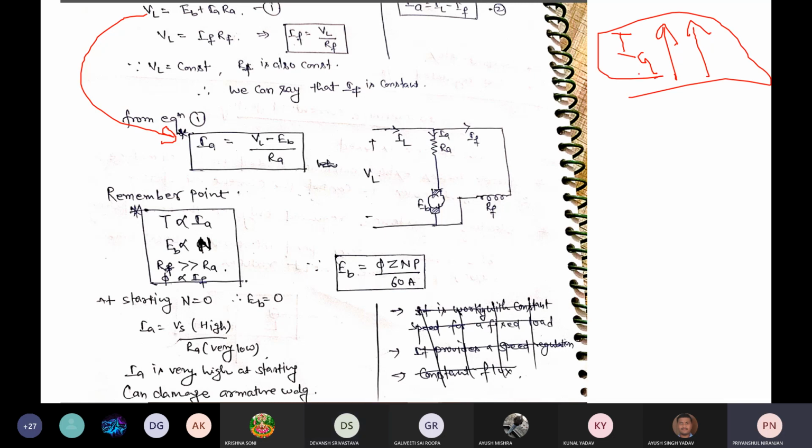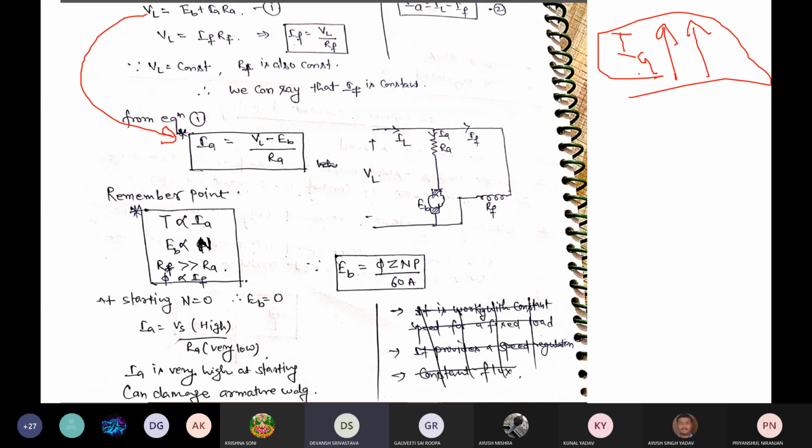Before we ask this question, I just want to know, when we use the speed control of DC shunt motor, you use the 3-point starter. You know about the 3-point starter? Yes, sir. So why do we use the 3-point starter in the DC shunt motor? Sir, because at start there is no back EMF, so IA will be very large.